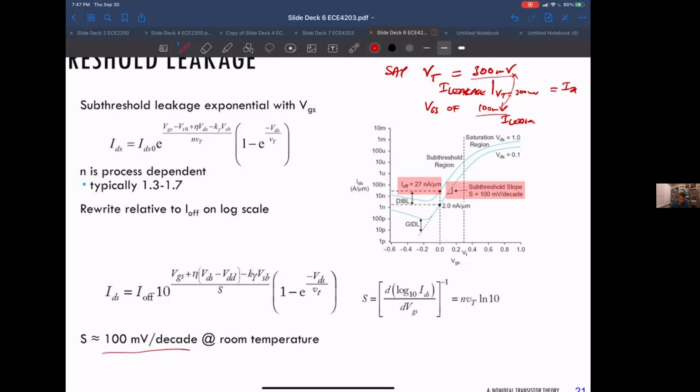So your leakage current is reduced by a decade, meaning 10x, every 100 millivolts. So at this point your leakage current is I sub X over 100. And by the time you get to a VGS of 0 volts, your leakage current is I sub X over 1,000.